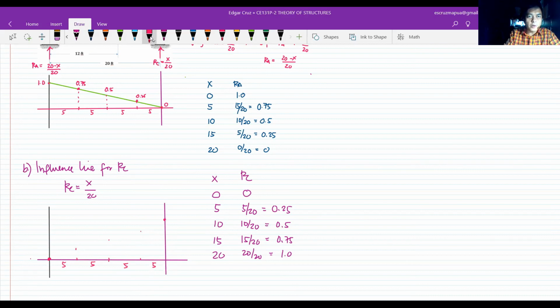So if you will draw the influence line, most likely it would be something like this. Parang ganyan. Okay, so ito yung RC, ito yung x.